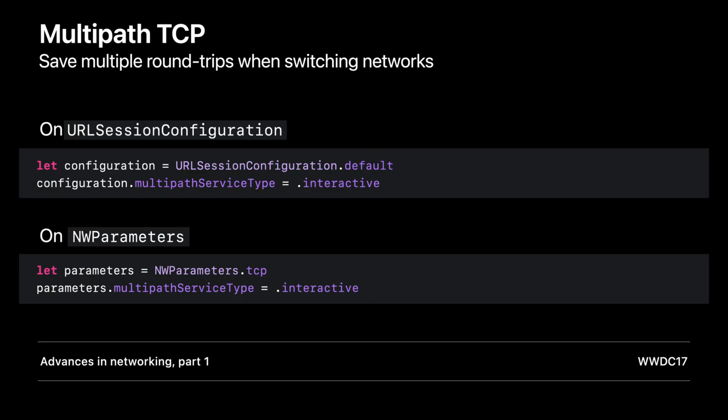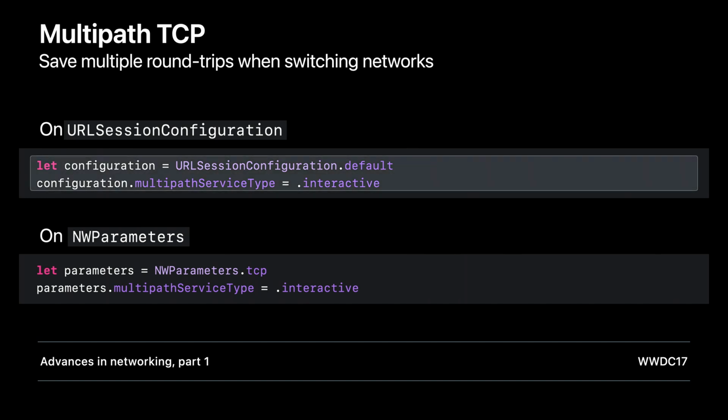Let's switch gears and look at multipath TCP, which works a bit differently in reducing network delays. Multipath TCP allows a single TCP connection to continue as the device switches from one network to another. To get the low latency feature of multipath TCP, use the Interactive Mode API.